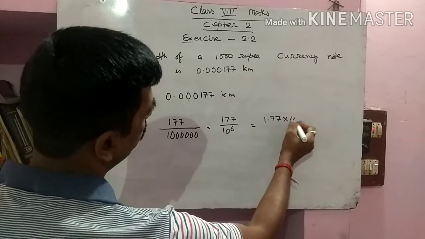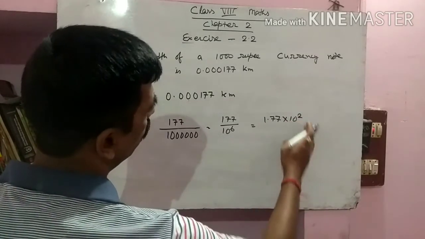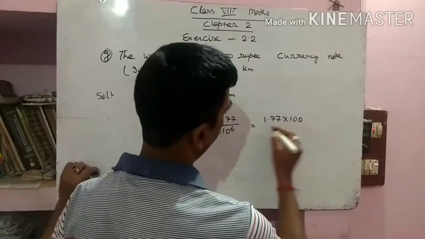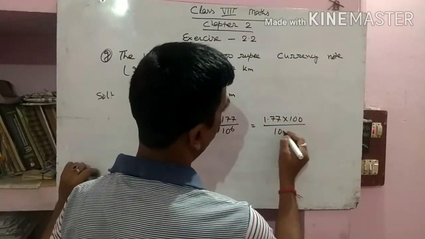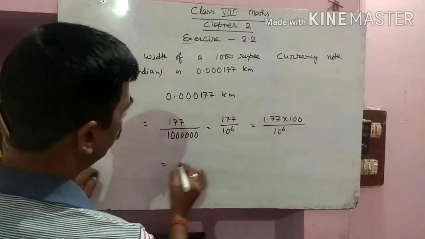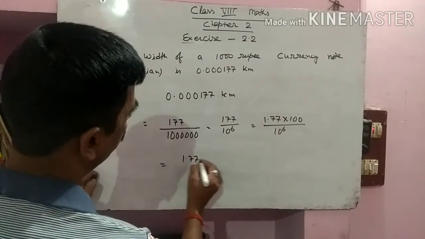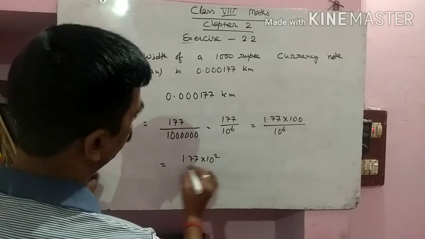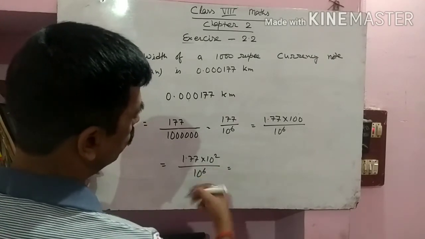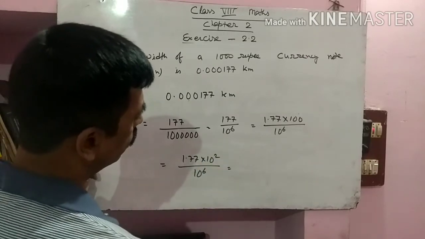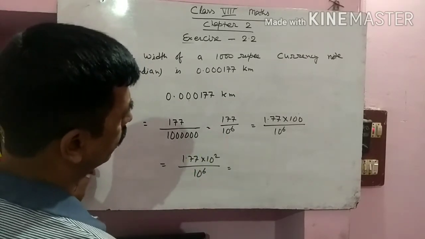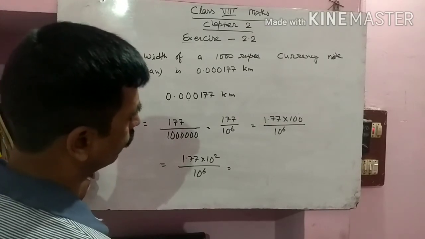You can write 1.77 into 10 to the power 2, or 100. So this is 10 to the power 6 and this is 100. Finally you can write 1.77 into 10 to the power 2 by 10 to the power 6. If the denominator goes to the numerator, it becomes negative.